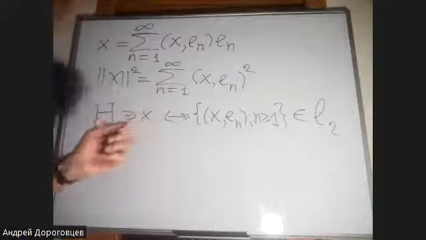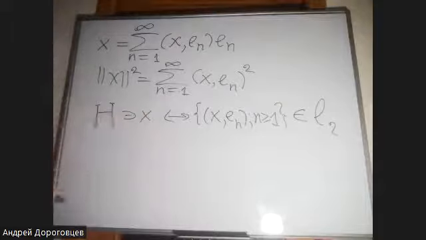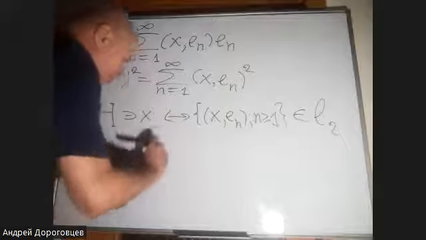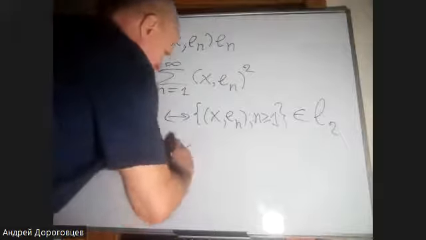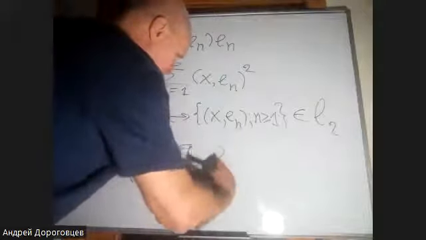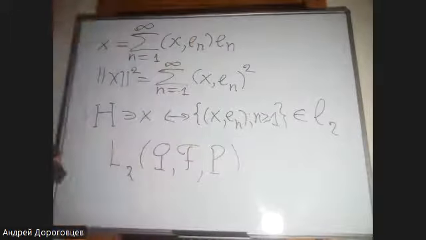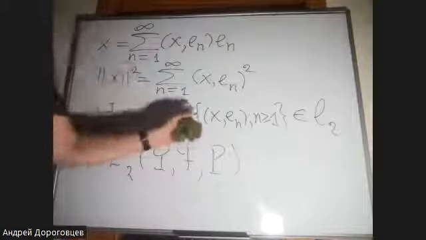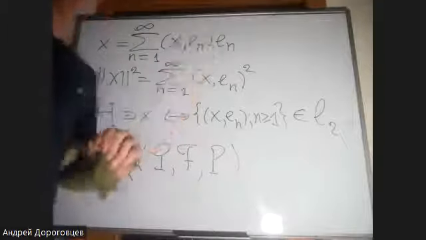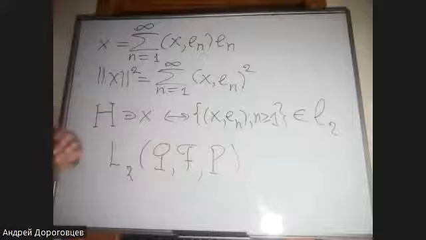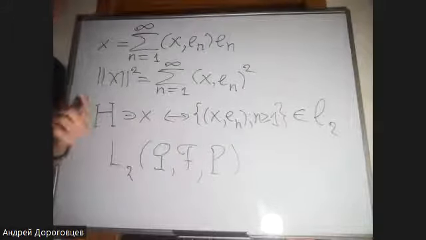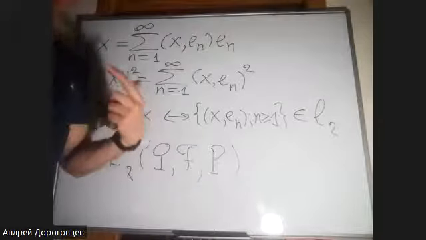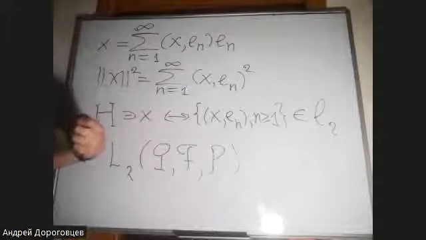For different applications in different spaces, let me just recall that we have L2 of (Omega, F, P), and when Omega is of complicated structure, then we discuss functions rather than their coordinates in some basis. Let me recall the following example, very familiar to you.